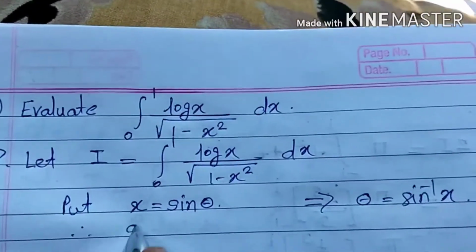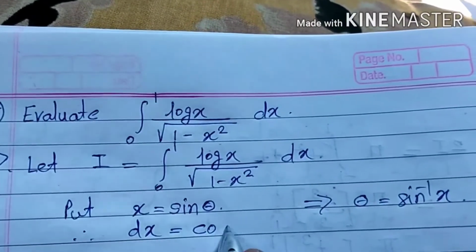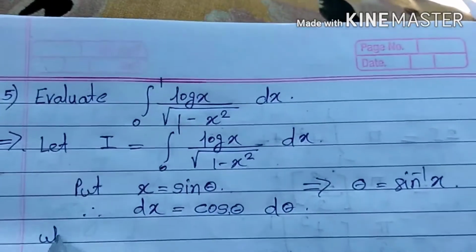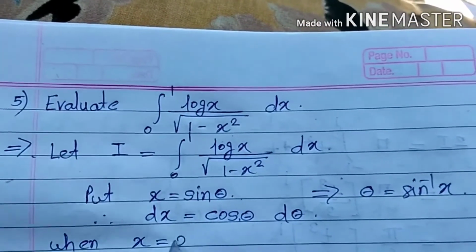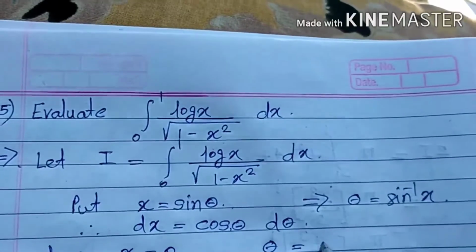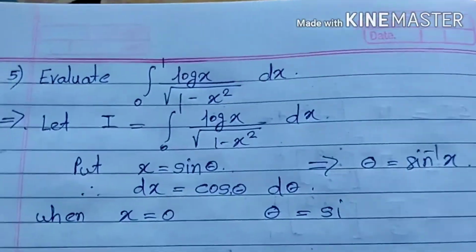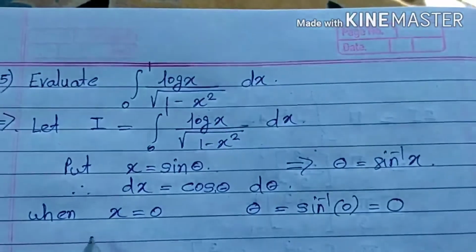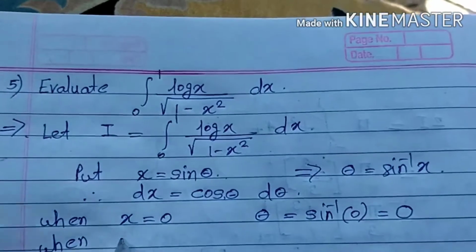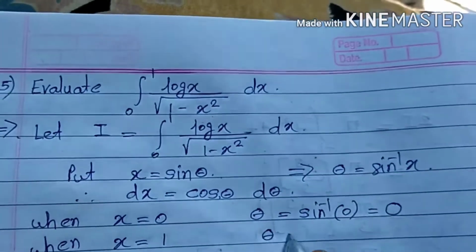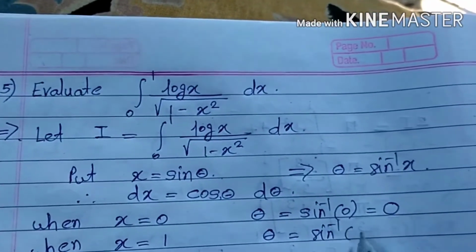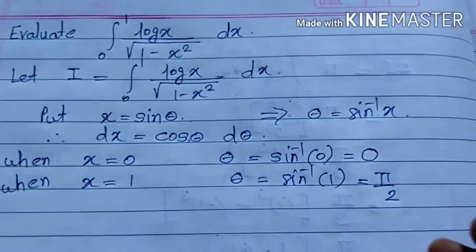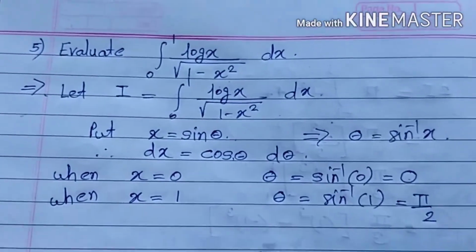So therefore dx is equal to cos theta d theta. When x is equal to 0, theta is equal to sin inverse of 0, which is equal to 0. And when x is equal to 1, theta is equal to sin inverse of 1, which is equal to pi by 2. Thus, our new limits are 0 to pi by 2.